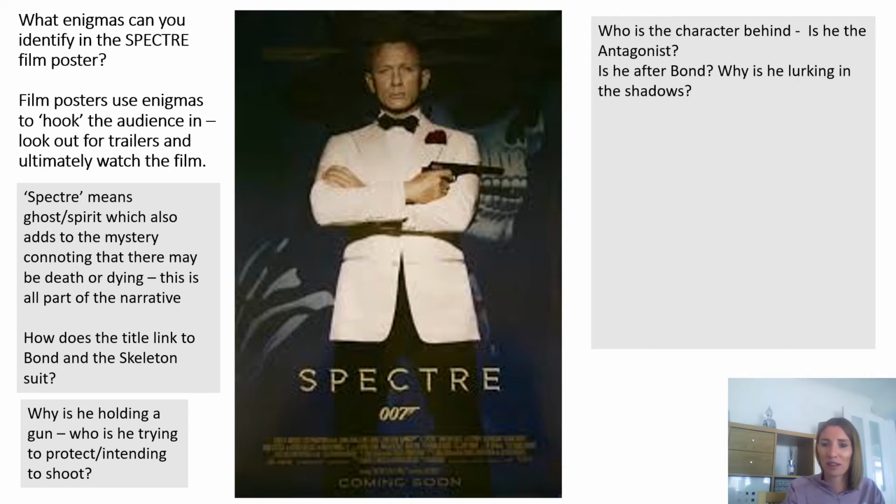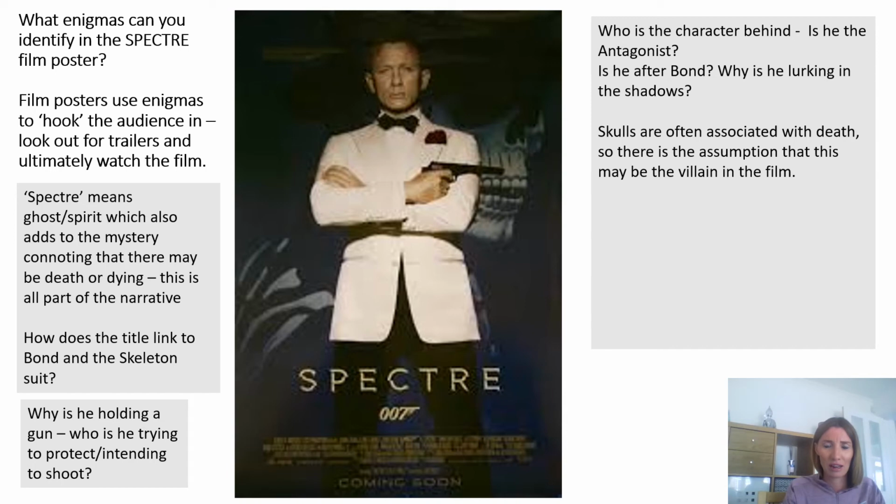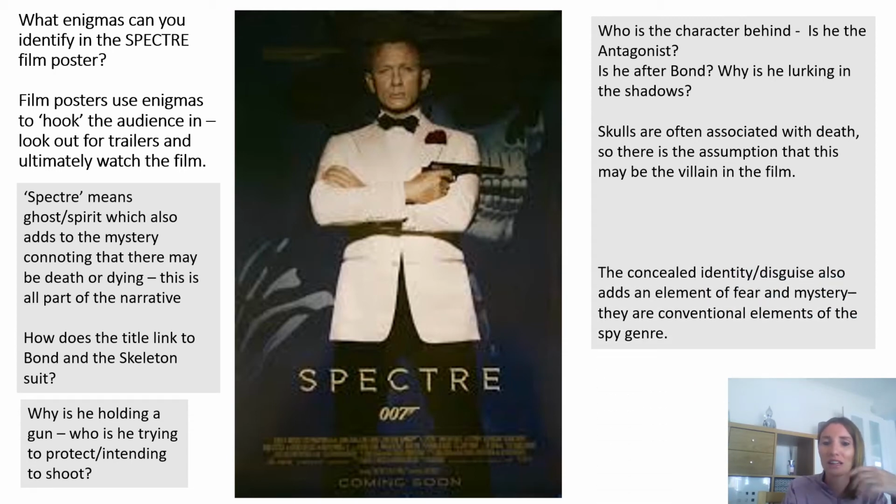Moving forward then, is this skeleton the antagonist? Is he the villain of the story? Why is he actually lurking in the shadows? Now, skulls are often associated with death, so maybe there's this assumption that he's the villain, like I've said in the story. And then he's also concealed. So the concealed identity, this concealed disguise, also adds an element of fear and mystery.